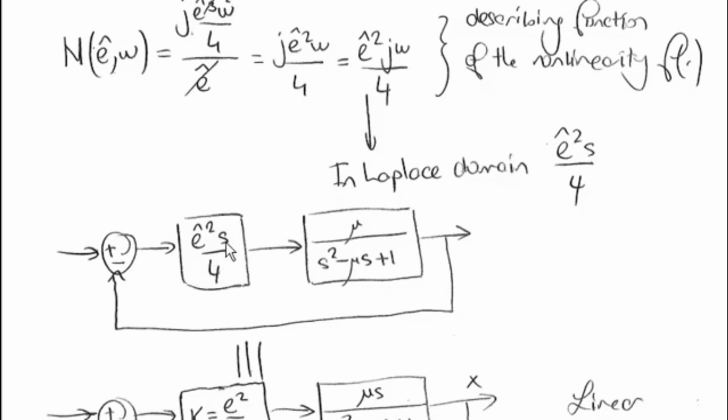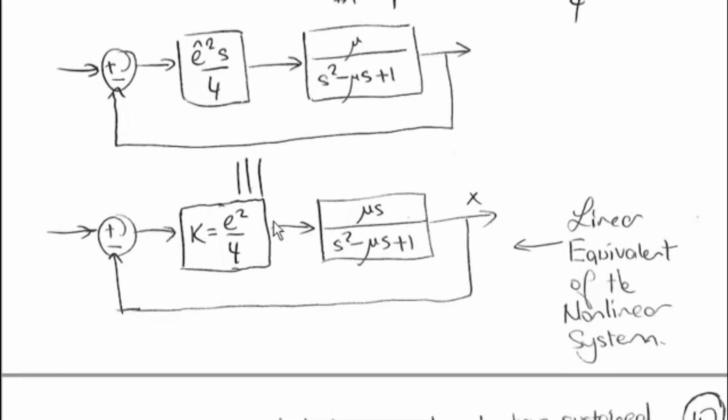So now I can take this S here into the linear system part. S is just another dynamic element that I can take into the linear system here. It is going to give me just the same system overall. So then I can call this new system the linear equivalent of the original nonlinear system.